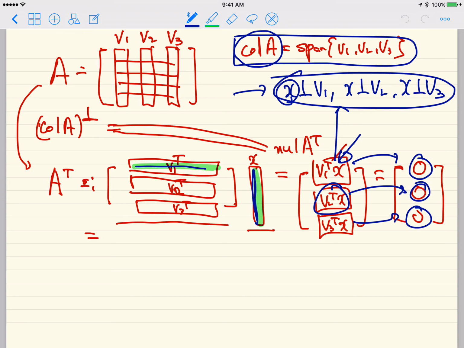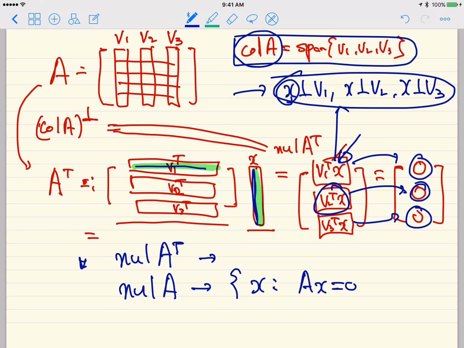Isn't it the same for null A and null A transpose? Okay, so let's first consider the null space of A. What is this? It is all vectors x that satisfy Ax equals 0, which is this homogeneous linear system. And what about A transpose? You just replace the matrix A with A transpose.